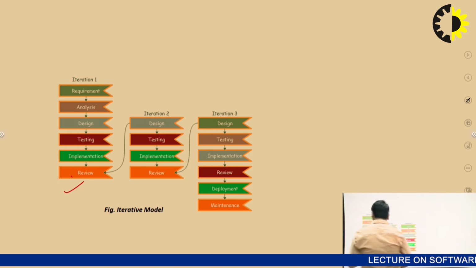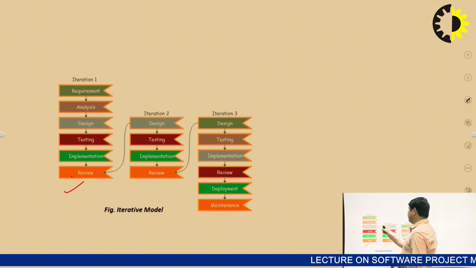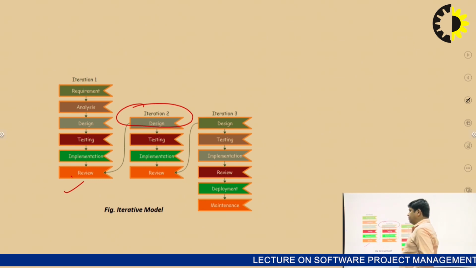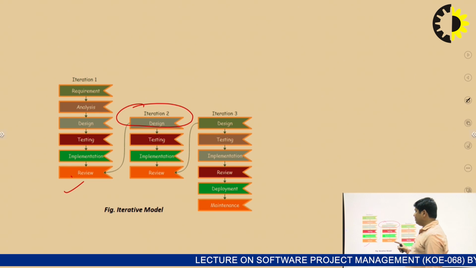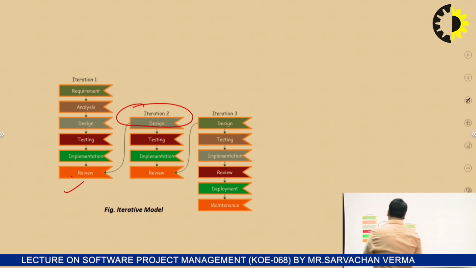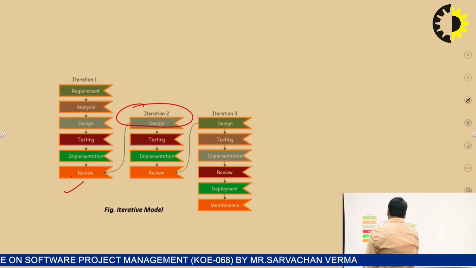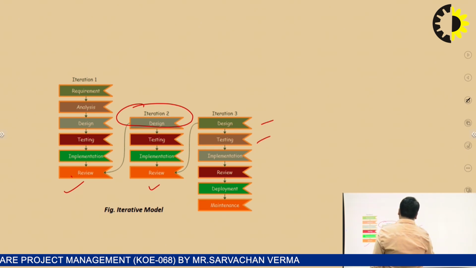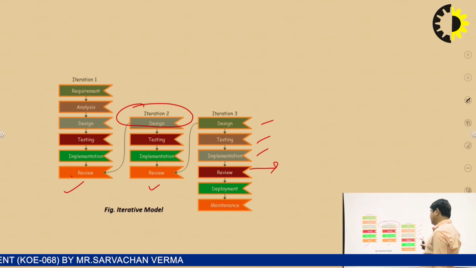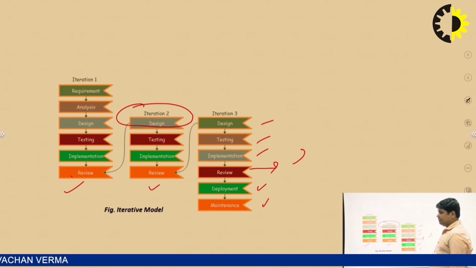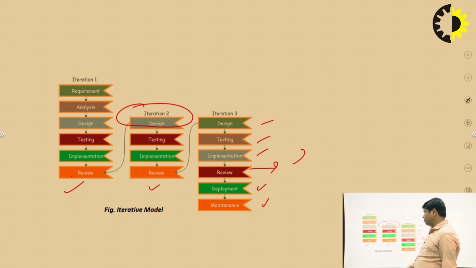After that, if we find some problem, then we again go to the designing part. After designing, again these phases are covered: testing, implementation, and review. After that, again if we find some problem, then again designing, testing, implementation. And if after review we find the system is okay, then we go for deployment and maintenance. So this is called the iterative model.